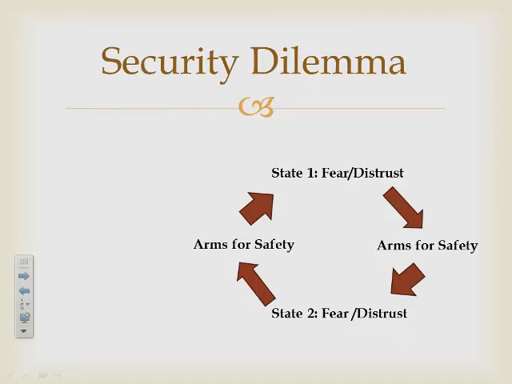So in this example I'll talk about Ukraine and Russia. So if Ukraine wants to make sure that Russia doesn't take over portions of its territory in the south, in Crimea for instance, they can't call on some sort of world police force to come and tell Russia to back down if Russia is making noise that they want to take over that area.